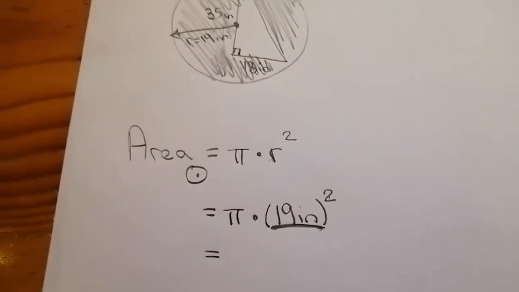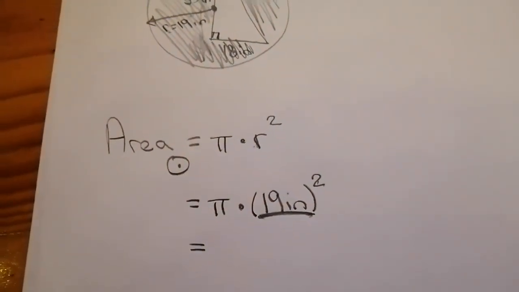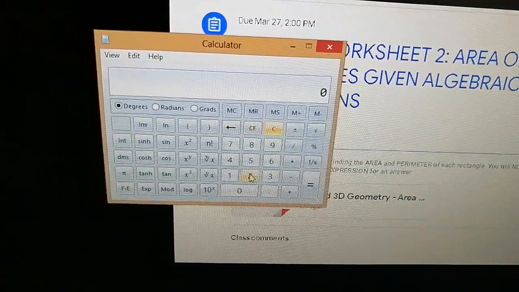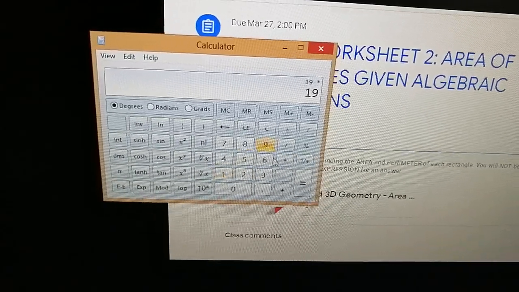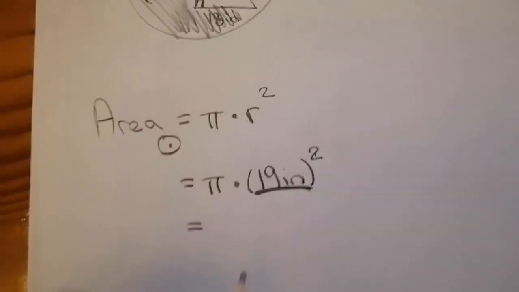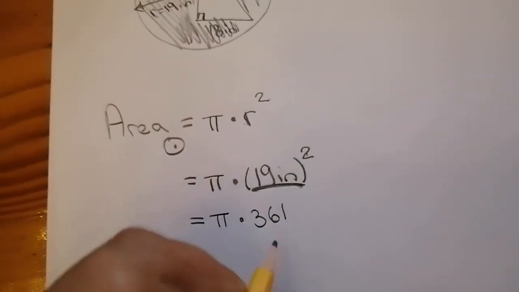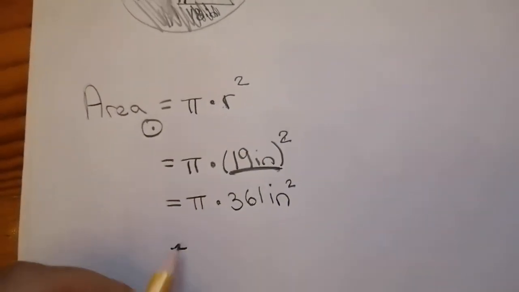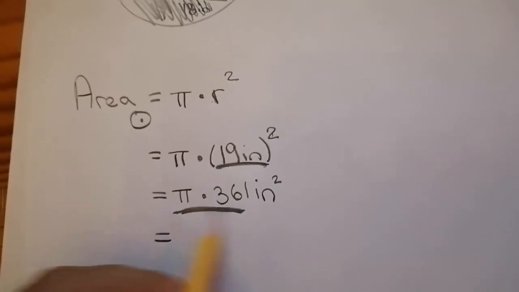So that you can easily do it on your calculator, you have 19 times 19. That gives you 361. So that gives you pi times 361 square inches, right? And now you have 361 times pi.